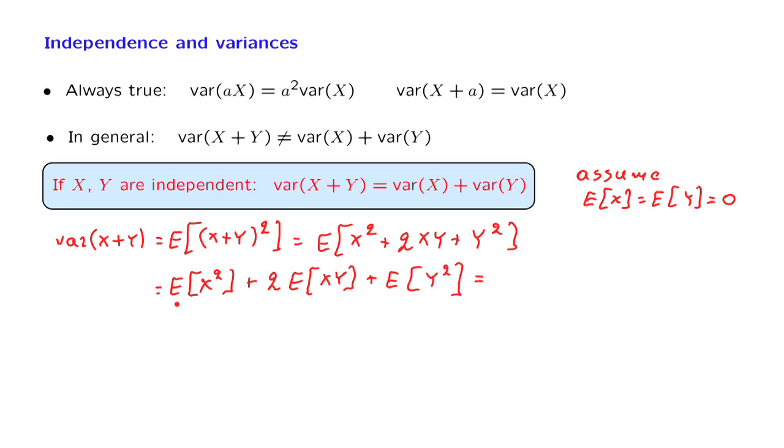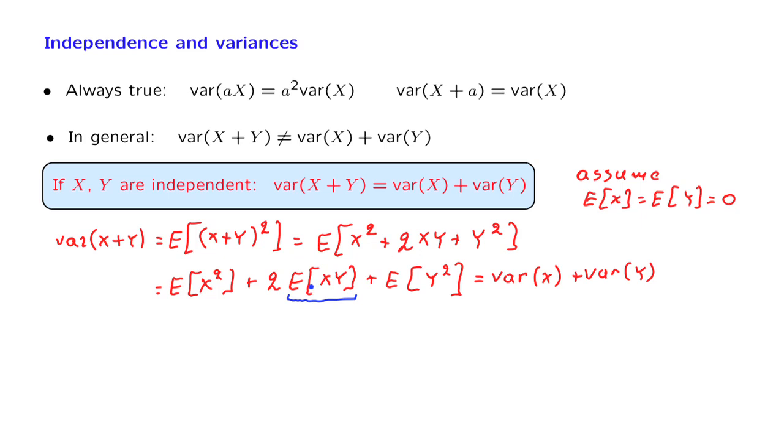Now, the first term is just the variance of X, because we have assumed that we have zero mean. The last term is similarly the variance of Y. How about the middle term? Because of independence, the expected value of the product is the same as the product of the expected values, and the expected values are zero in our case.